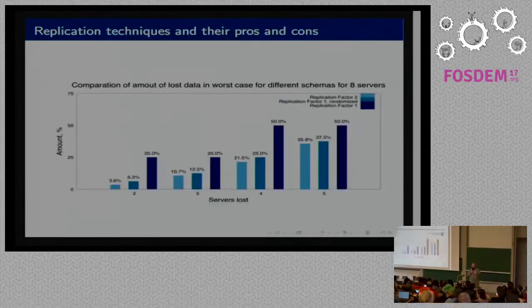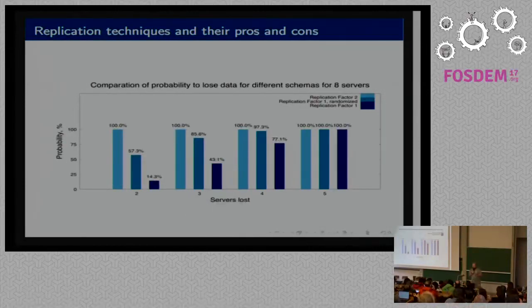So, for example, this is the amount of lost data in the worst case, if two servers that contain some overlapping data fail. If you use replication factor 1, of course, you will lose 25% of the data. But if you use replication factor 2, you will lose only 3% of the data.